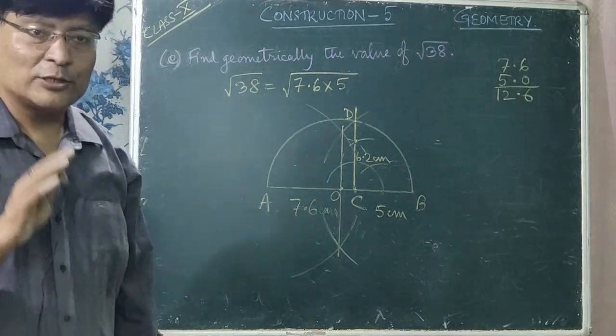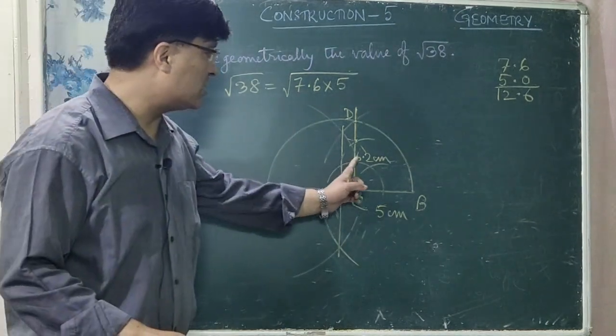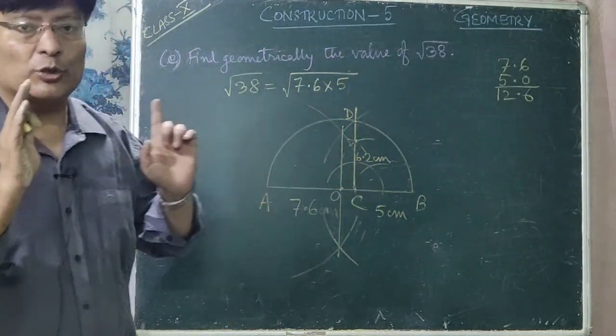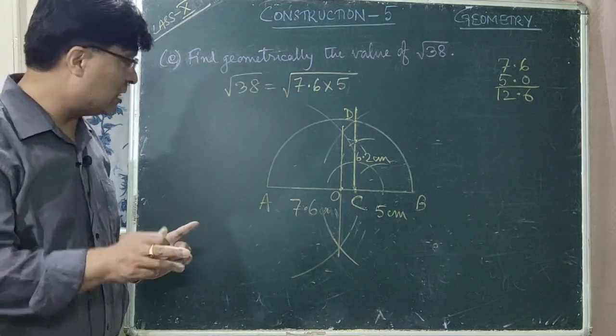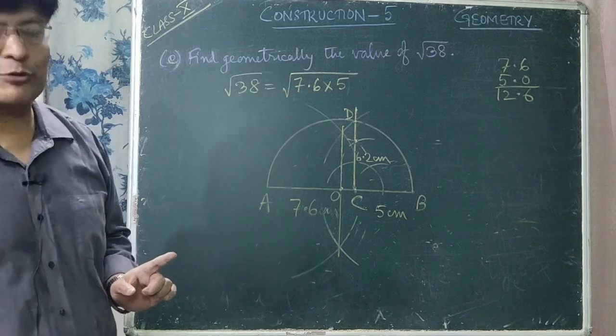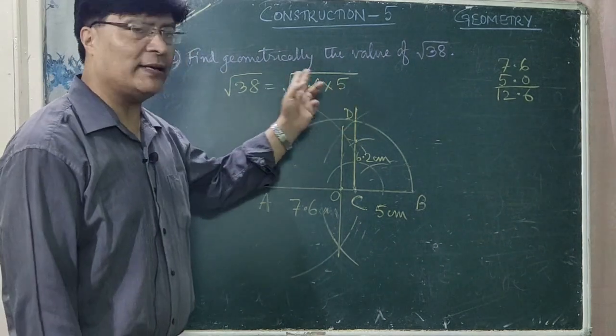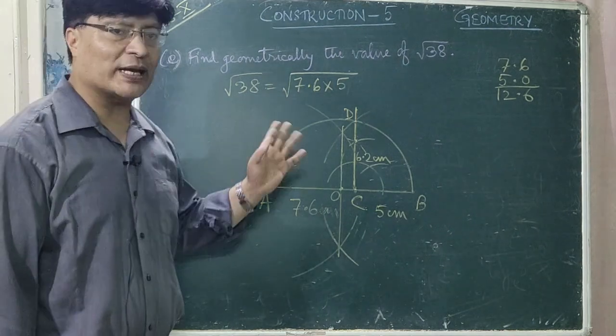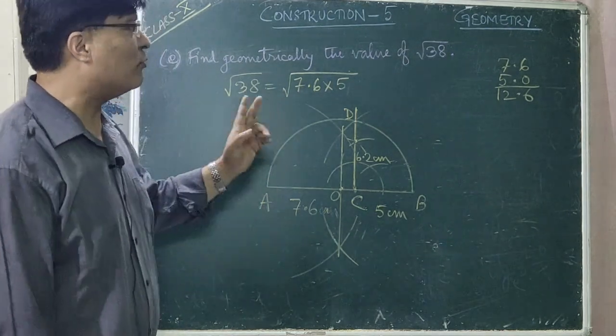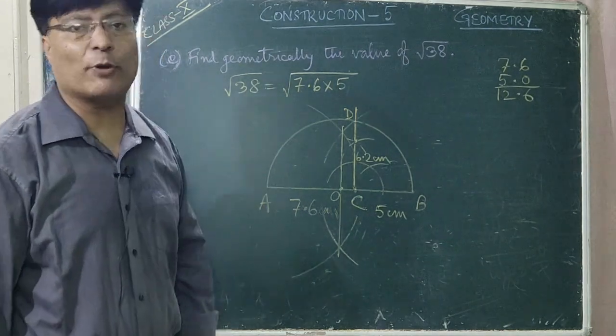Is that clear? So what is the length of CD? It is 6.2 centimeter. So this 6.2 will be the square root of what? 38. Or this 6.2 will be the mean proportional between this 5 and 7.6. So in this case, you can write down the answer as value of root over 38 is equal to 6.2.